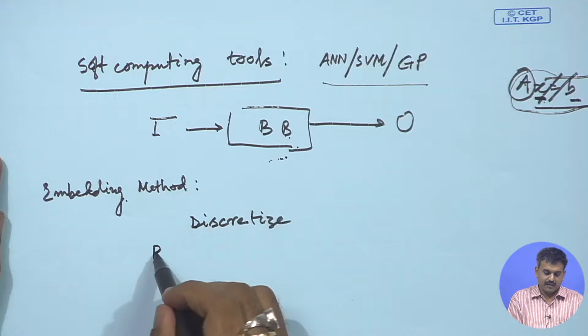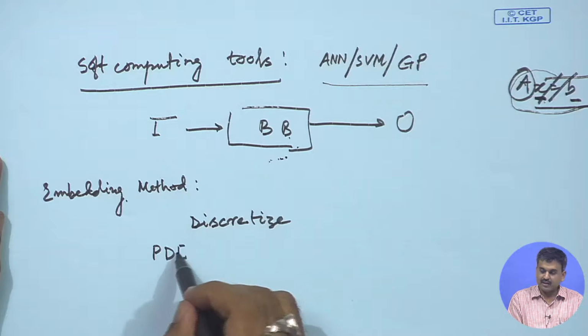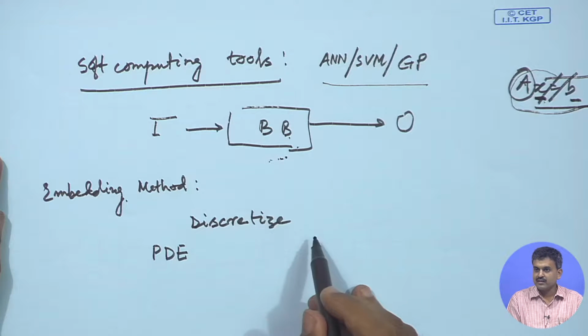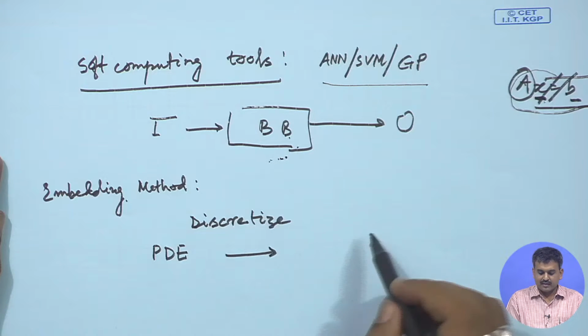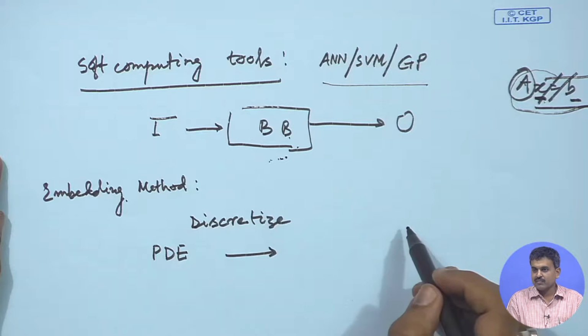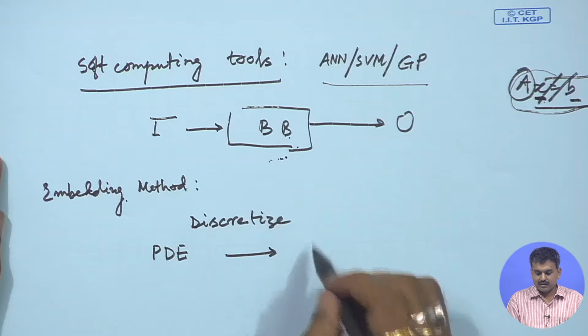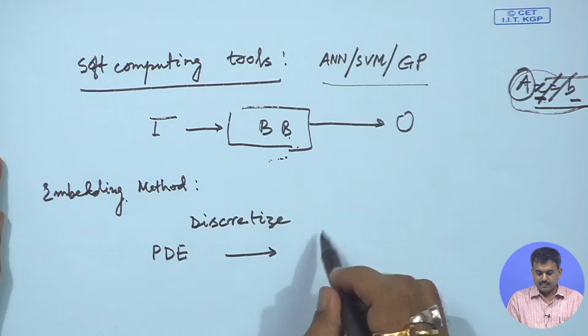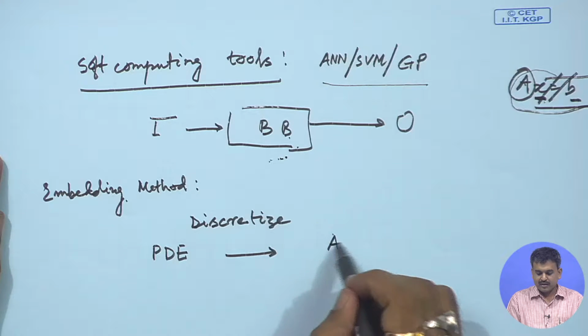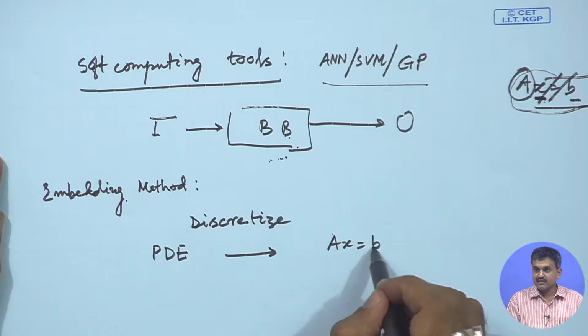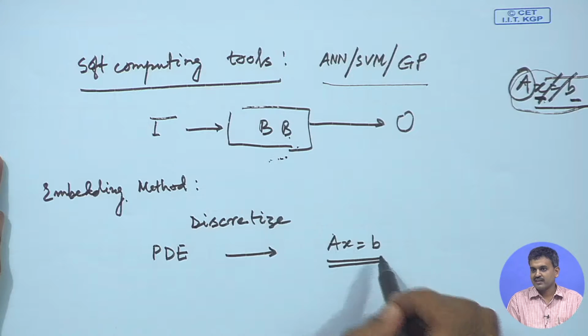So, if you have some partial differential equation or PDE, you will get some discretized form, that is some equation which will be of the nature Ax is equal to B again.